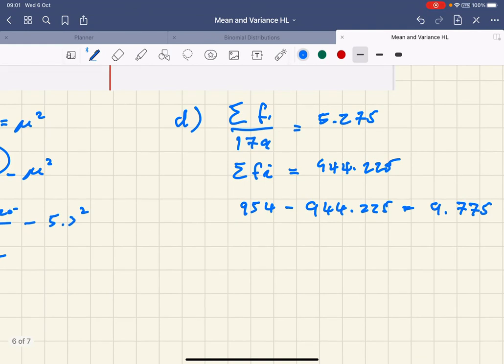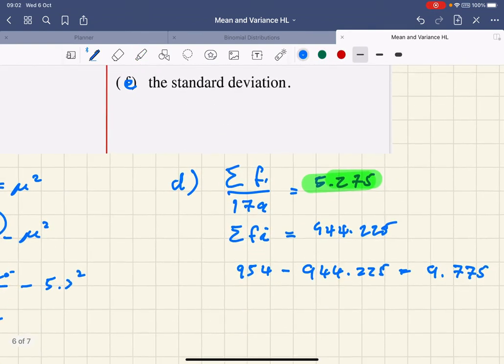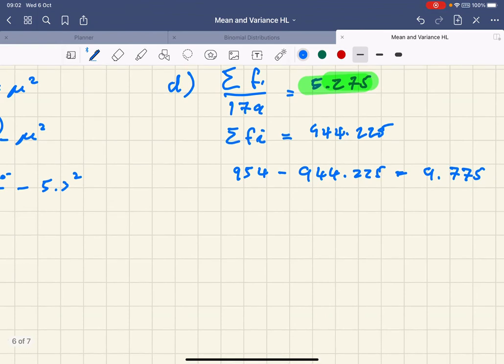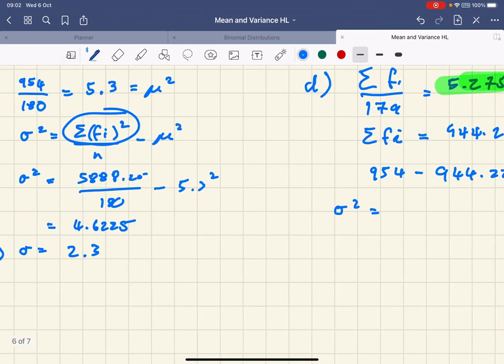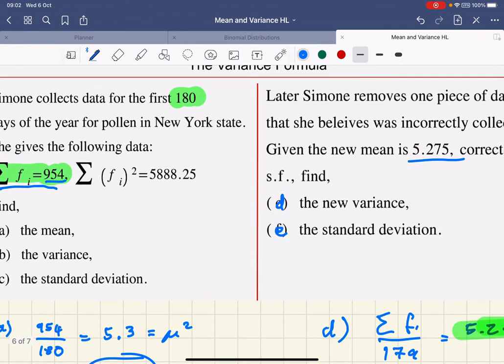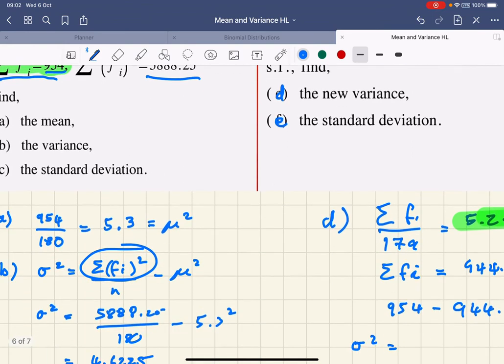So I've got a few things here. I've already been given my mean, and I've now worked out the piece of data that's been removed. So to get the new variance, what I will do is take the old total here of 5888.25.